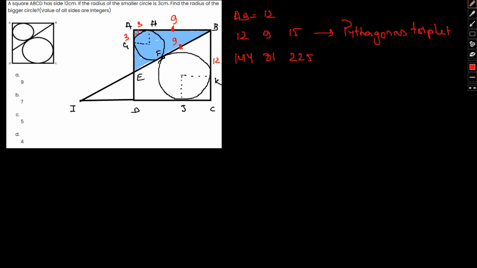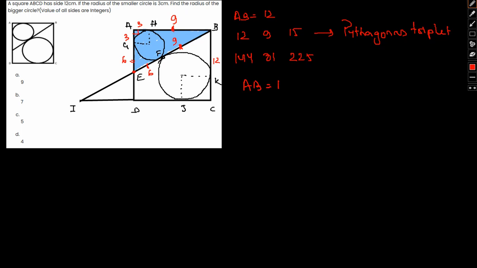Now notice one thing, we already have 12, so we need 9 and 15. Now EG will be equal to EF, because they are again tangents to the smaller circle from the common point E. If this is 6 and this is 6, then notice something.